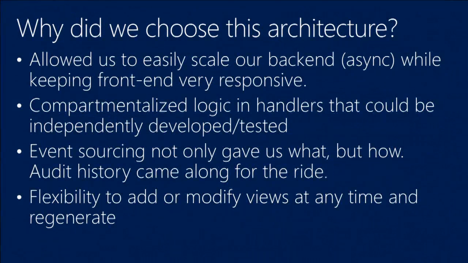We can actually scale this independently. We can push all of our work to our back end. Our command handlers and event handlers actually become relatively isolated in this model. There's not a lot of dependencies between them because the events are being dispatched directly to these. It makes it easy to test. When you have a small team and you don't want to be stomping on each other's code, this actually works out really well.